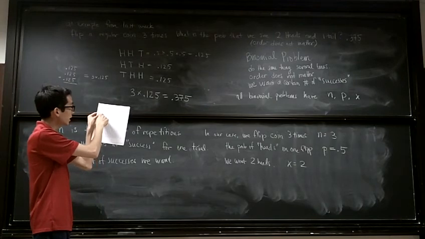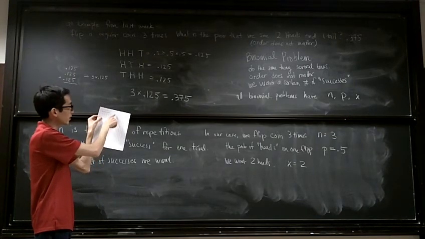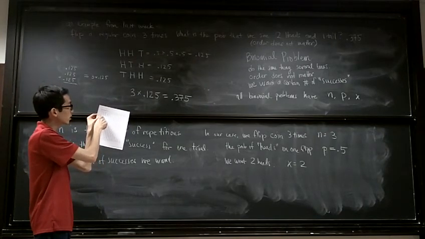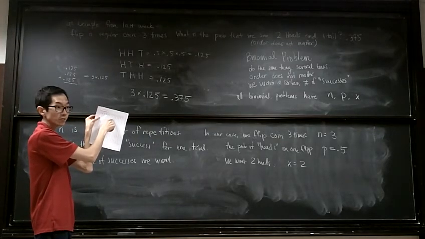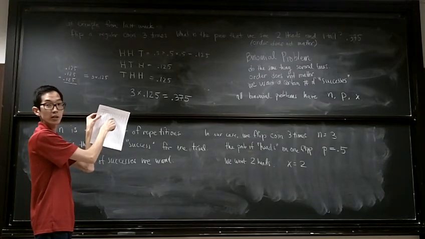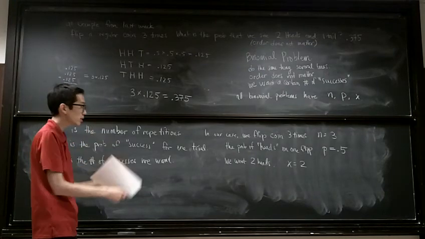Then you find the P that we're looking for. We have P equals 0.5, so we go across to the middle where it says P is 0.5, and what's the number there? 0.375, right?